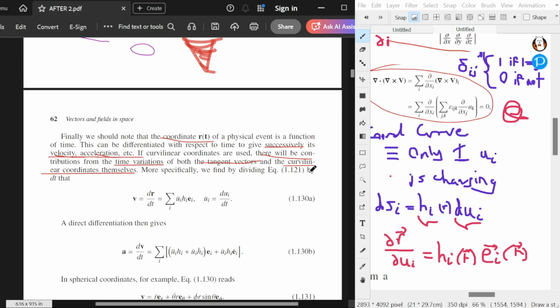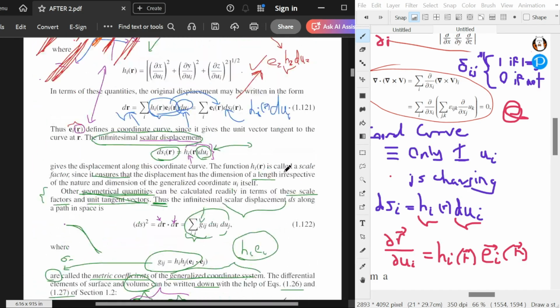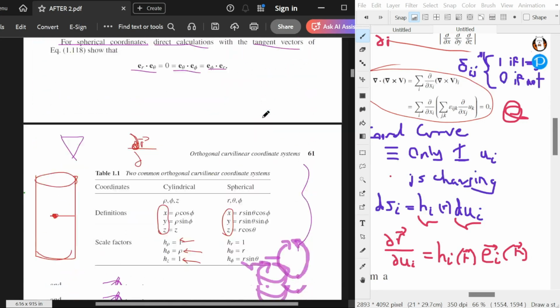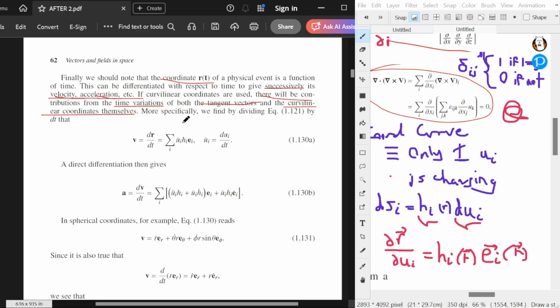More specifically, we find by dividing by dt that, equation 1.121, dr/dt equals the sum of h_i e_i du_i/dt.